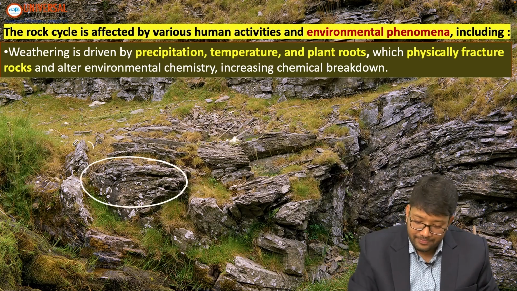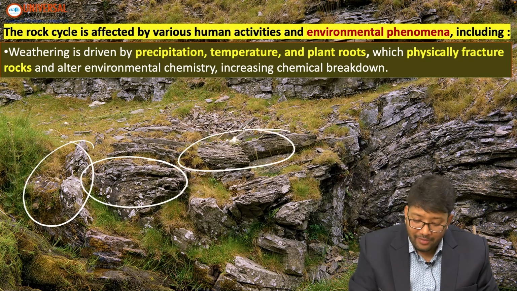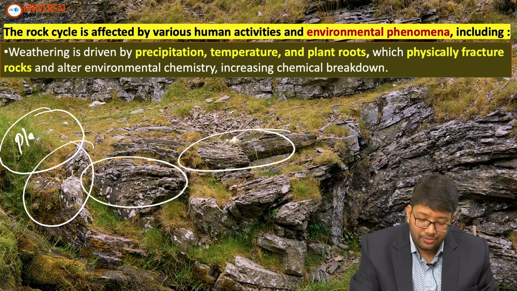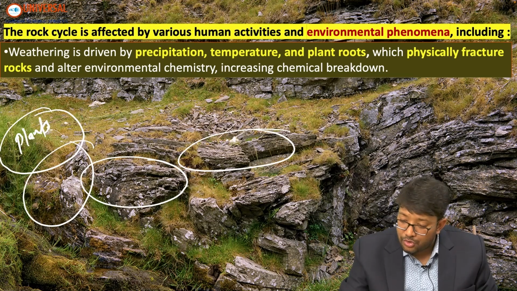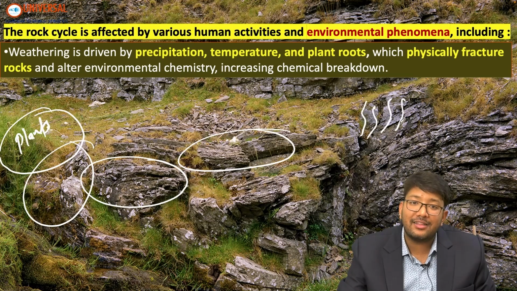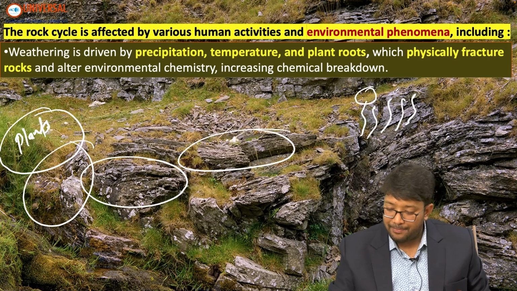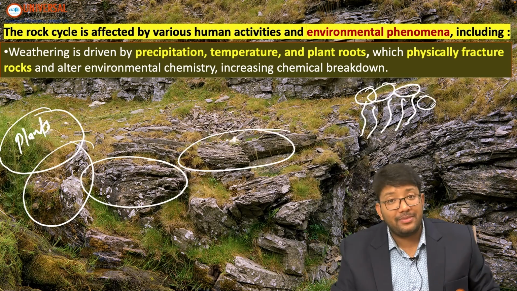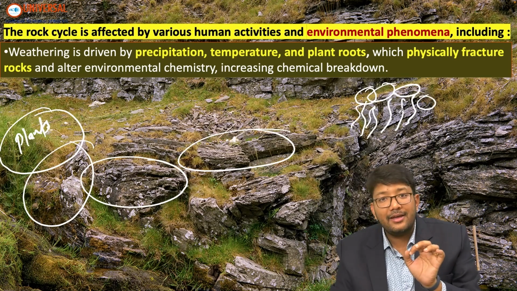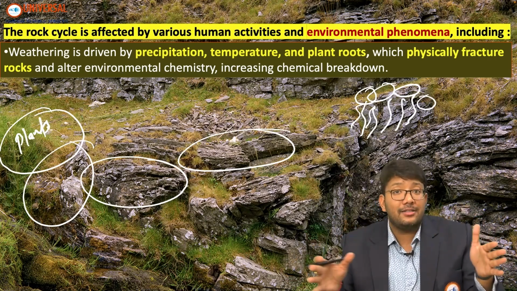These are the rocks, but along with that we have the plants also. Now the plant roots are going inside, like here the plants are growing. These roots will be weathering the rocks.